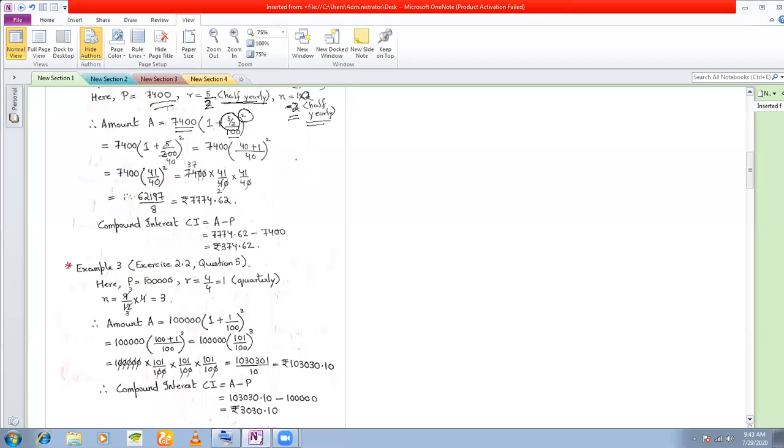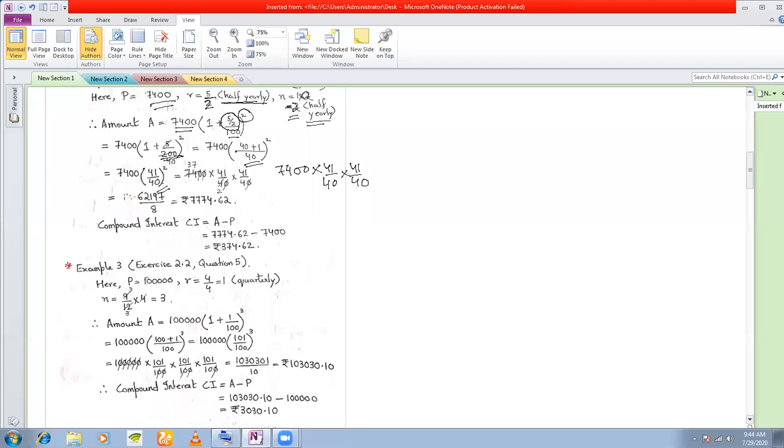Having inserted these values in the compound interest formula, I now proceed to calculate. What do I get? 5 by 2 divided by 100: I multiply 2 by 100 to get 5 by 200. Then I take the LCM, and see here how I have cancelled. 7,400 into 41 by 40 into 41 by 40.